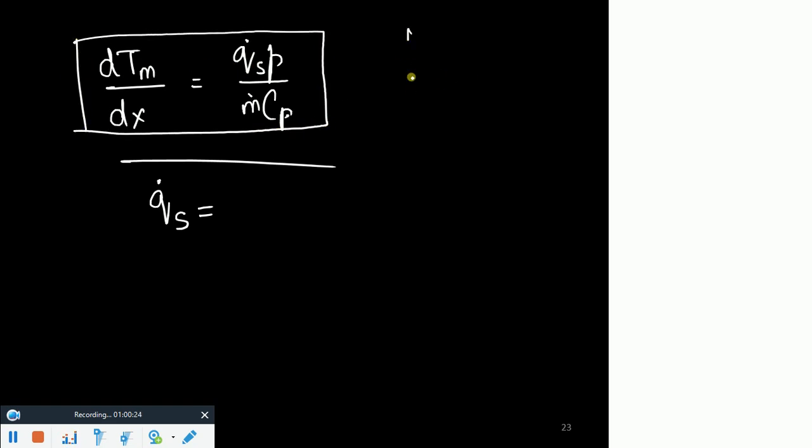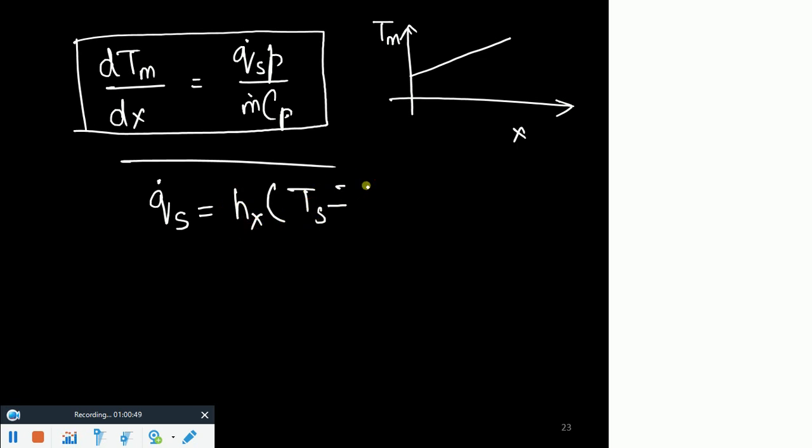It means this mean temperature rises with x, and the relationship is simply linear. And what is the boundary condition in that case? The boundary condition is constant heat flux. You would see a different behavior when you have a constant surface temperature as the boundary condition. So q dot s can also be written as hx Ts minus Tm.